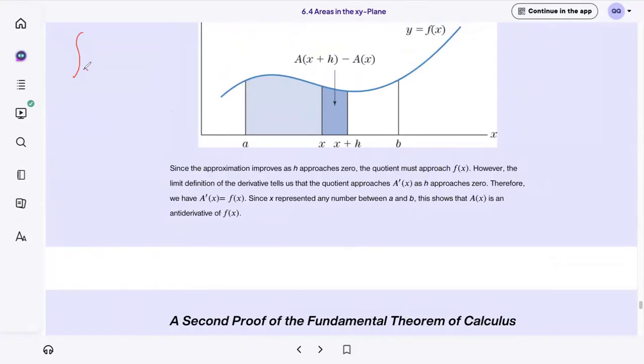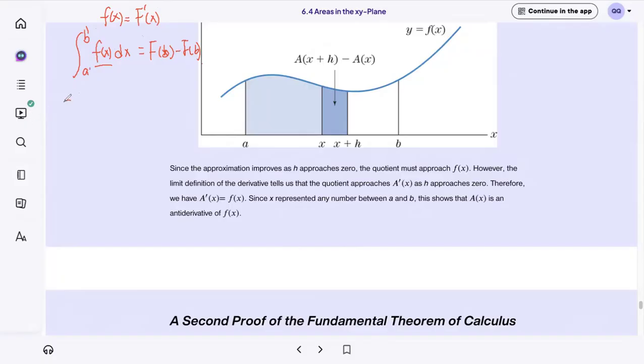We have this lower limit, this upper limit, and this integrand, which is the derivative of capital F. We use the fundamental theorem of calculus: f of x is the derivative of capital F of x. So we anti-differentiate the integrand, evaluate the upper limit, evaluate the lower limit, and subtract.